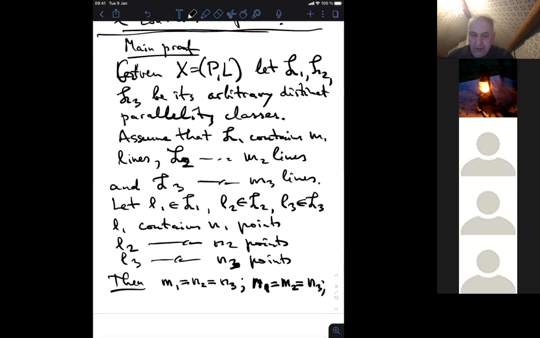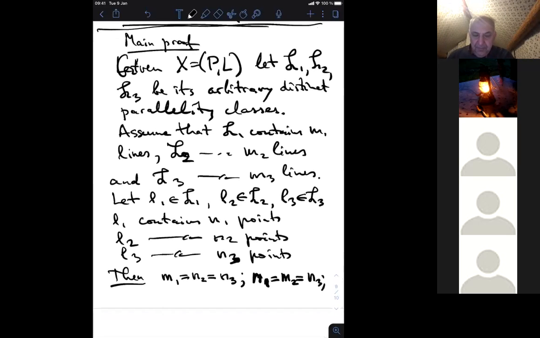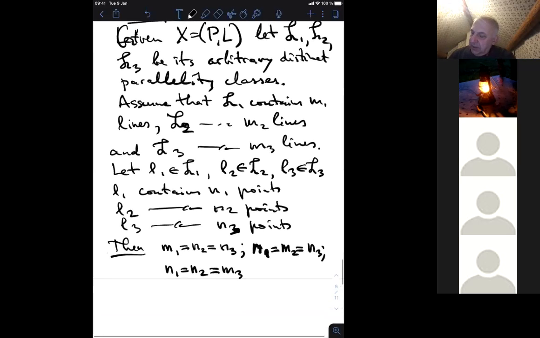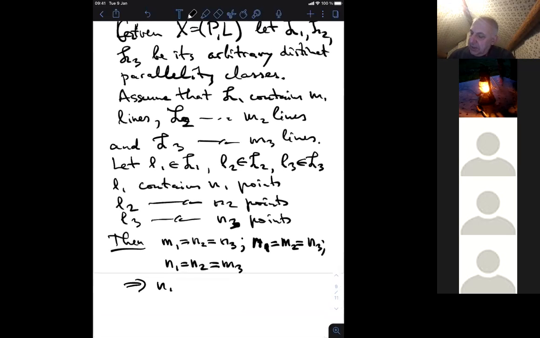And finally, n1 equals n2 equals n3. As a result, all ni's are equal, and they are equal to all mi's. Let us denote this number by n.